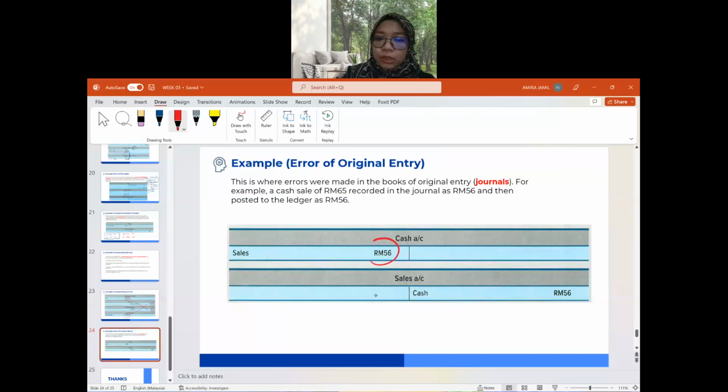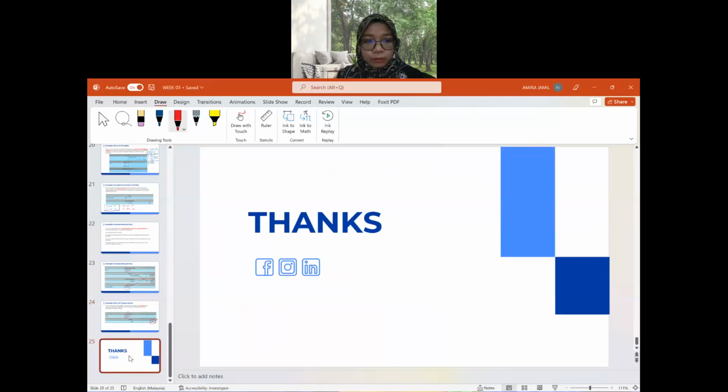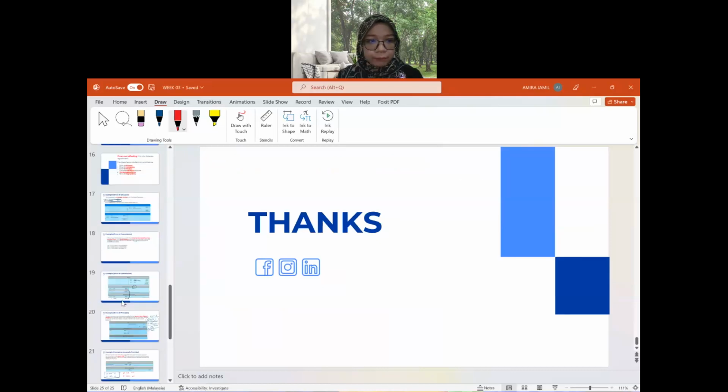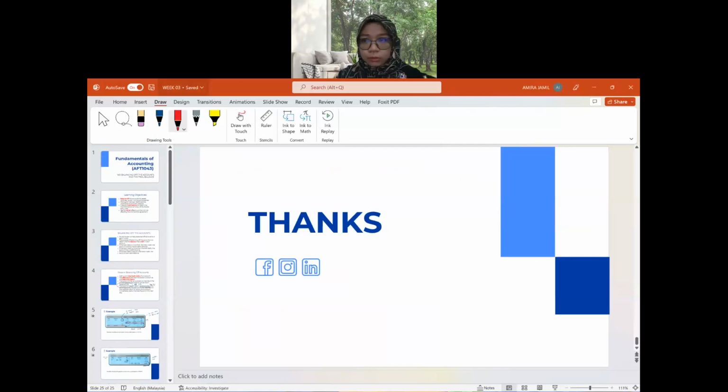Okay, the figure should be 65, but you post it as 56, it will still be balanced because the figure is the same. Okay, but it's actually wrong. So okay, that's all for today, but we will continue with an exercise.